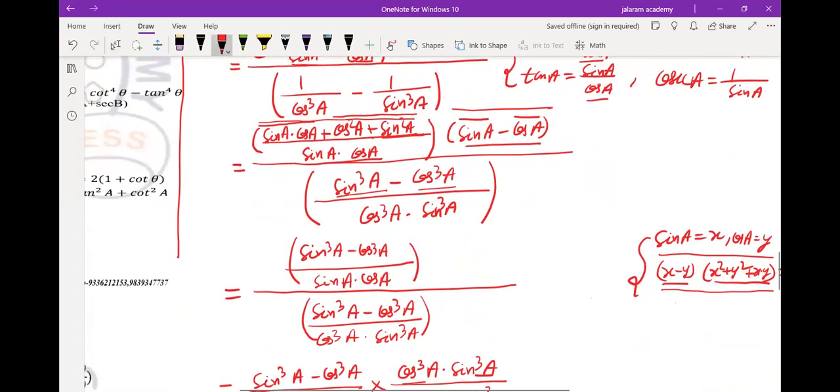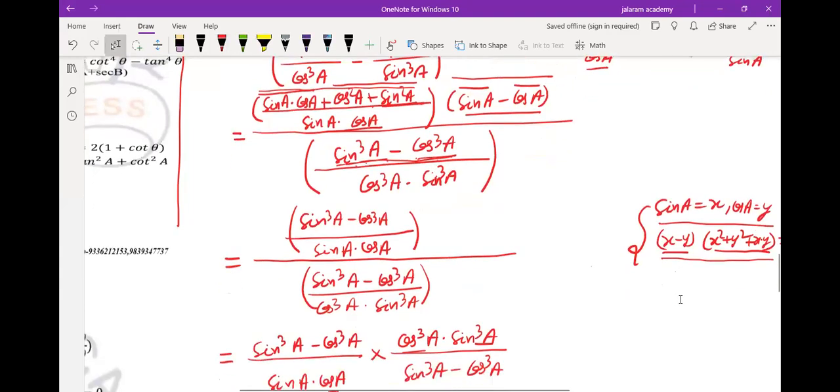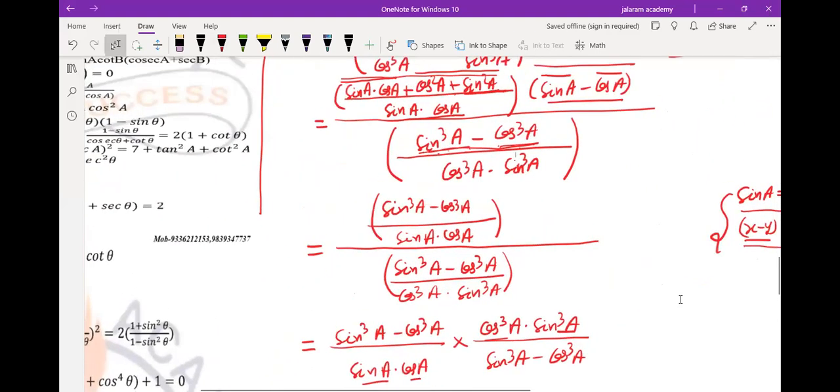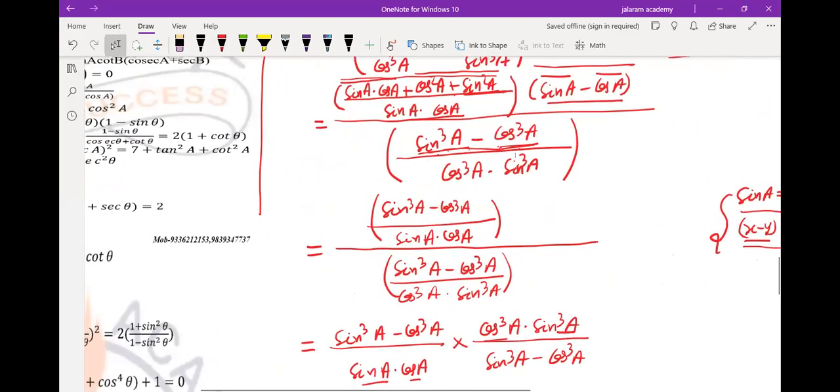You have to then convert this sin cube A minus cos cube A of the denominator by using the formula x cube minus y cube into x minus y into x square plus y square plus xy. Then this is also sin A minus cos A into sin square A plus cos square A plus sin A cos A. So they will be cancelled out. Though it is difficult to write and expand the denominator, it will be easier to solve if you do so.